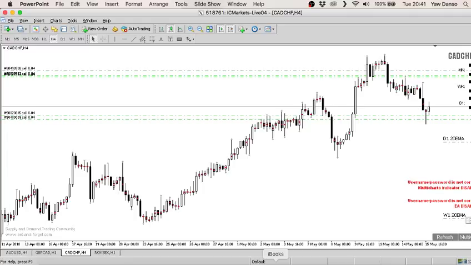Okay, lot. So lot is the quantity or the size you will want to buy for any pair that you want to trade.